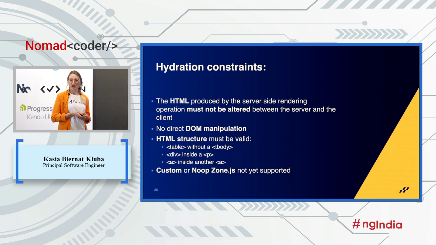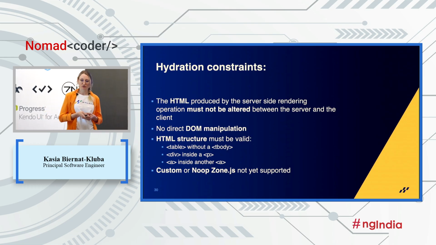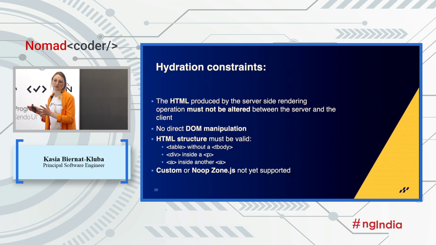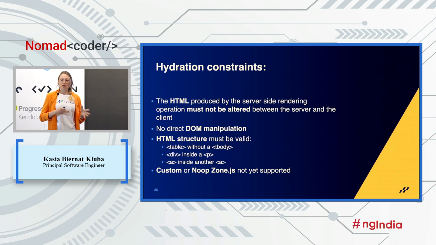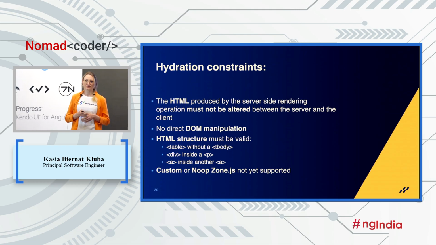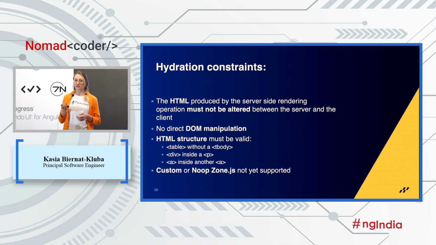Also, if you enable hydration, it has a couple of constraints as well. So the HTML that is produced by the server has to be exactly the same on the client side, because the hydration needs to know how to operate. If you do any DOM manipulation in between this process, you will see very nasty hydration errors. Also, your HTML structure has to be valid.